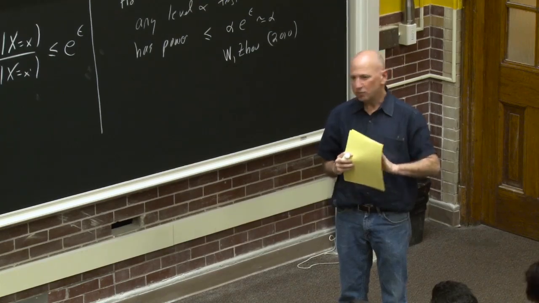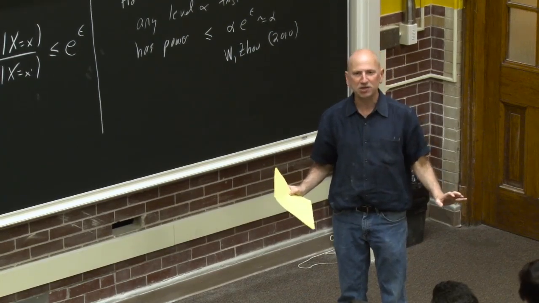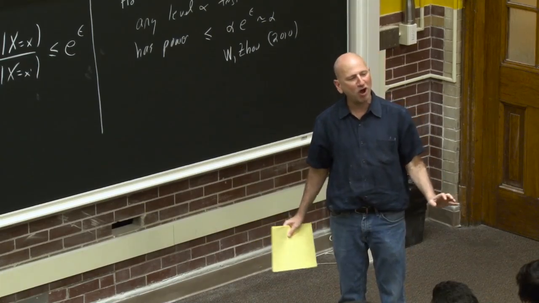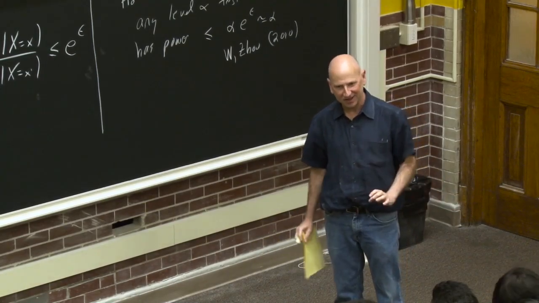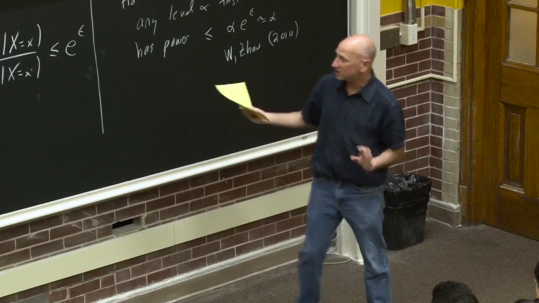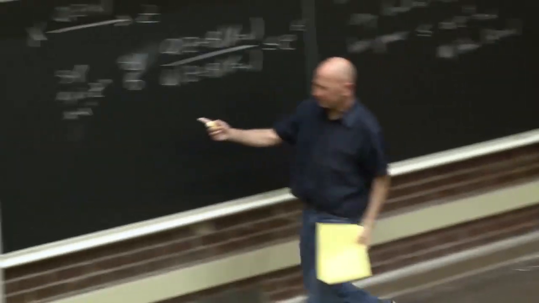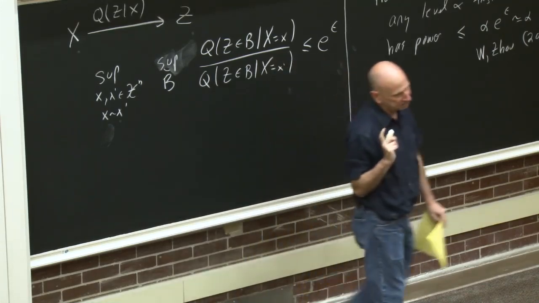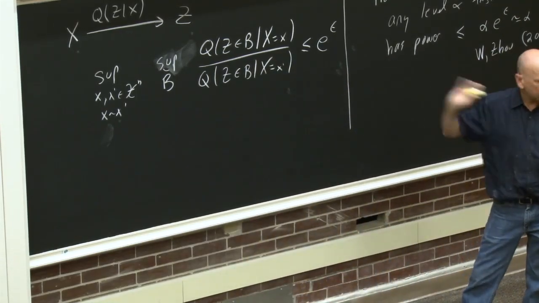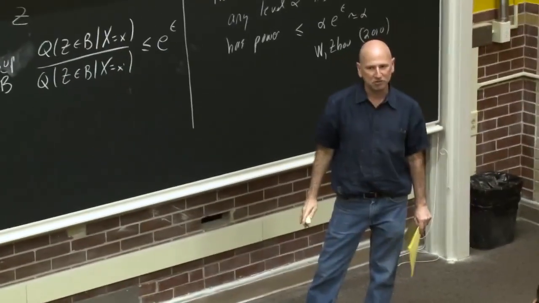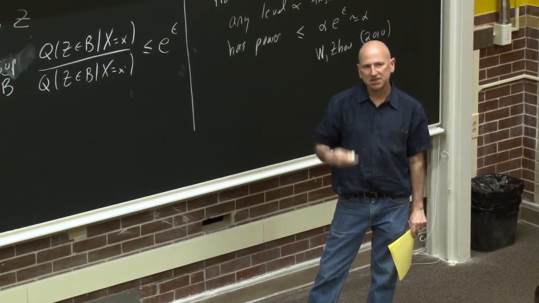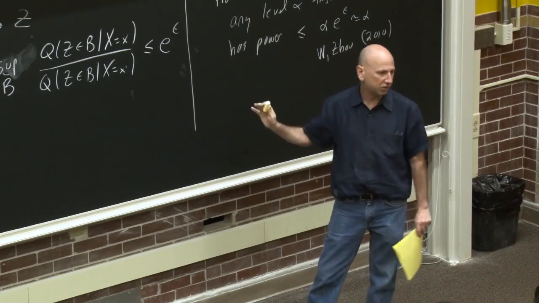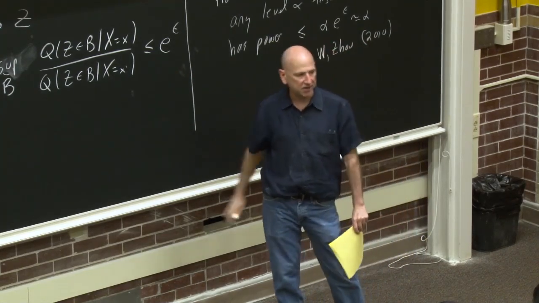They're assuming the worst possible thing, that there are smart people out there who are trying to attack you, who have lots of other information. They want the strongest possible protection they can get. So you could argue that this is too strong in many different ways. For example, maybe doing it over the entire sample space is stronger than you need. I'll show you an example, in fact, where that makes it very large. But they want the guarantee to be really, really strong. And to get the guarantees they want, which is that certain cryptographic attacks can't work and so on, they really need it to be over the whole sample space.